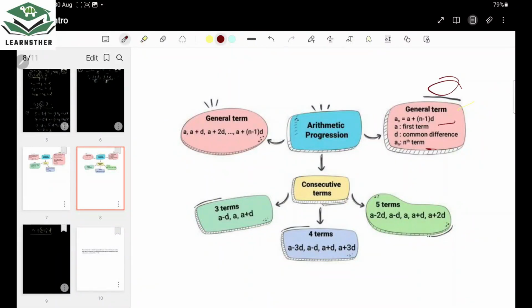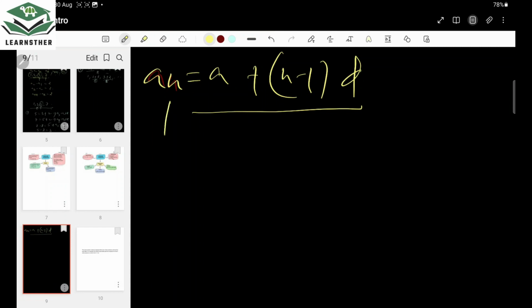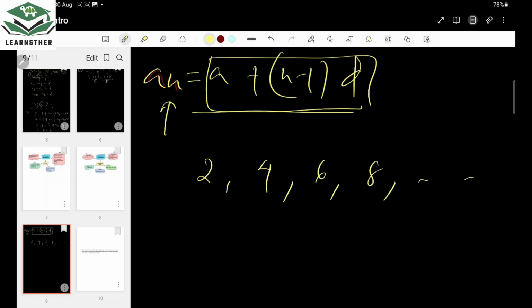Let's discuss the general term of an arithmetic progression. General term of an arithmetic progression is an is equal to a plus n minus 1 into d. An is the nth term. Okay. This is the general term. Suppose 2, 4, 6, 8. This is the arithmetic progression. You are asked to find out the 4th term.